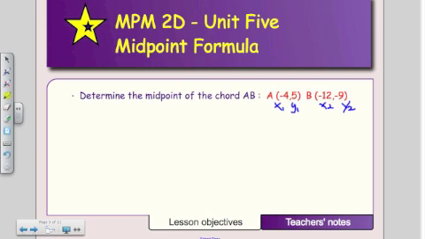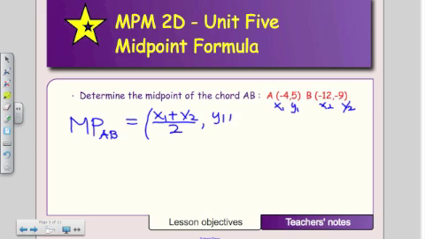If I want to find the midpoint, and always tell me what you're finding the midpoint of, in this case the midpoint of AB, the formula is very simple: x1 plus x2 divided by 2, y1 plus y2 divided by 2. Unlike the last question, you're not going to get a value, you're going to get a point.